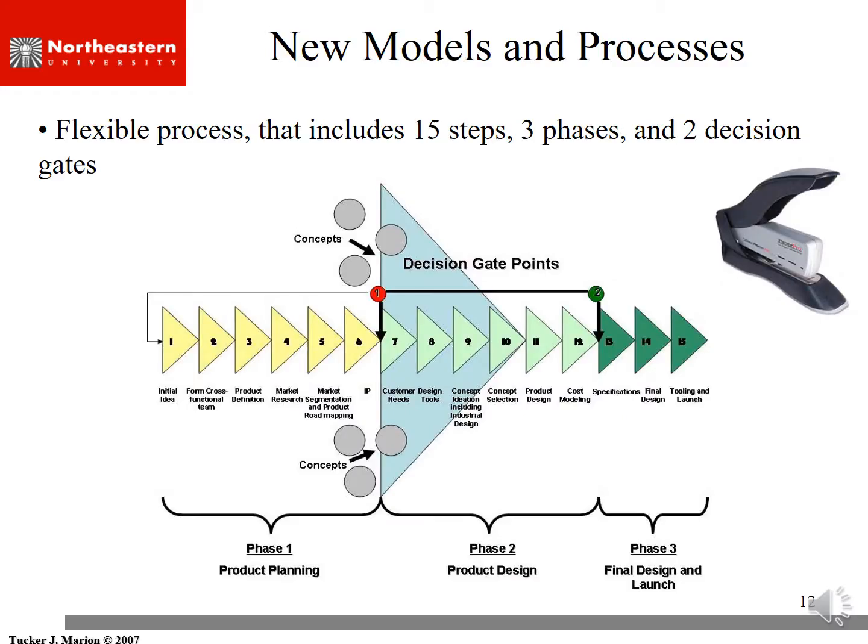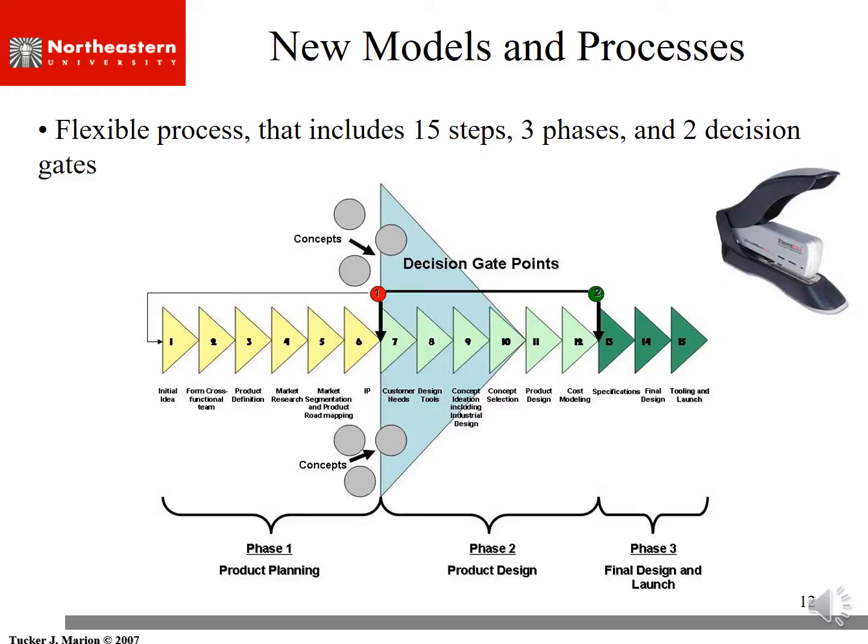I use as an example a simple stapler. In class, I would have the staple gun to share with you, but a staple gun that was developed a number of years ago actually had 15 stage gates in its process, from the initial idea to field research, understanding the customer, to the product design, down to the final specifications and manufacturing.